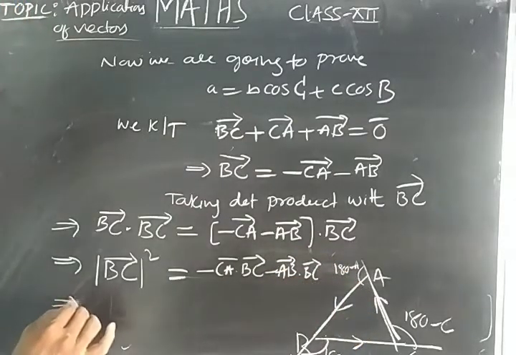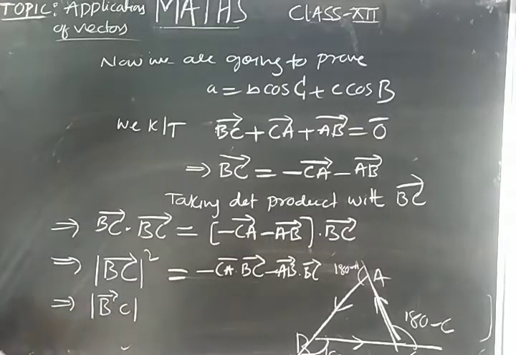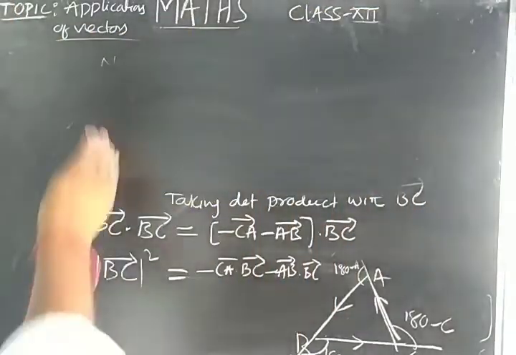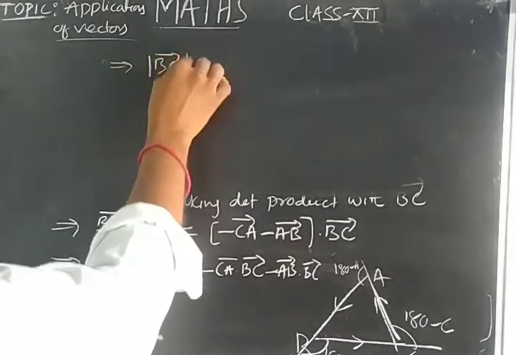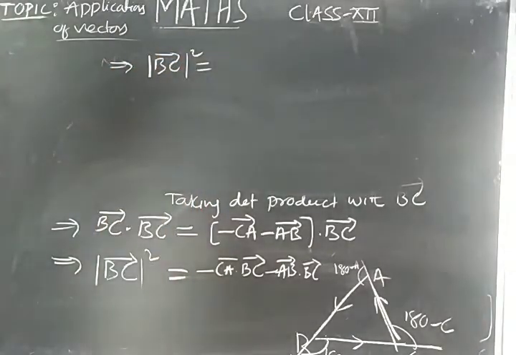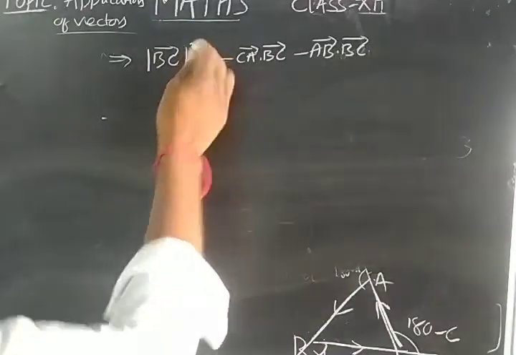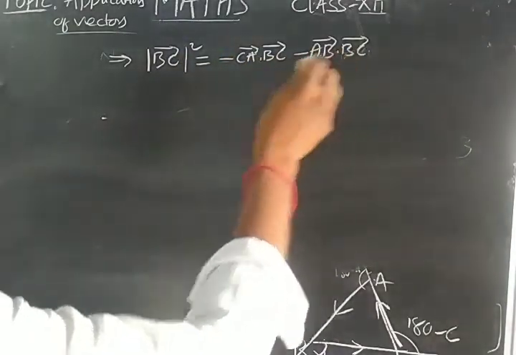Okay, now we got here BC vector whole square. So what we got: left hand side BC vector whole square is equal to minus CA dot BC minus AB vector dot BC.